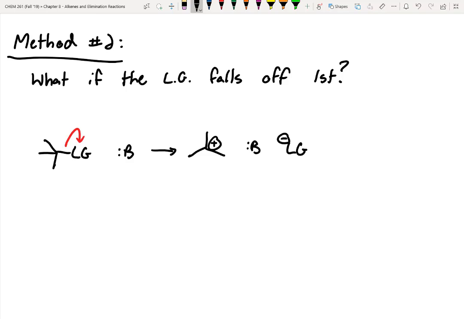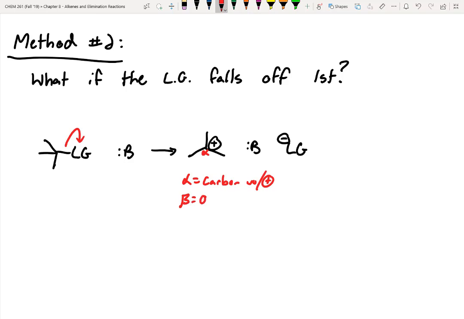All right? Now we need to ask ourselves, okay, well, where is the alpha position? This gets a little bit weird, but our alpha position is going to be our carbon with the positive charge on it, right? So the alpha in this case is going to be our carbocation carbon.